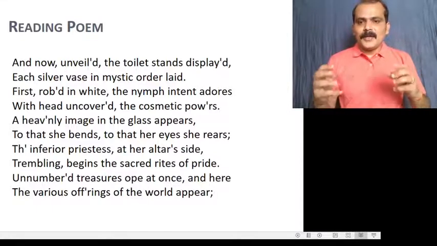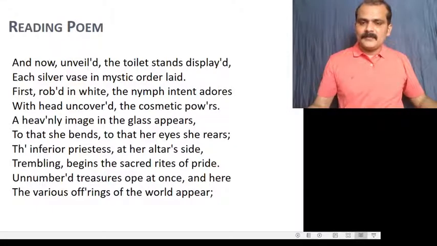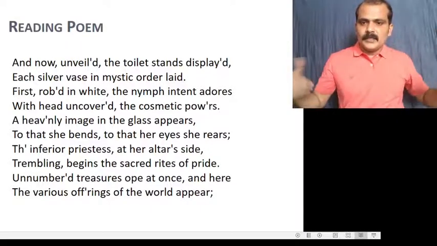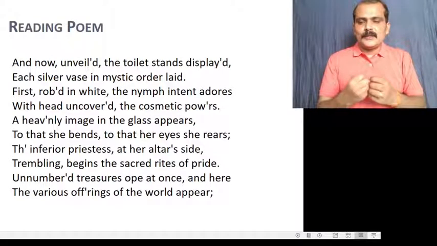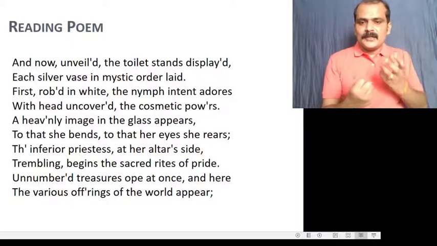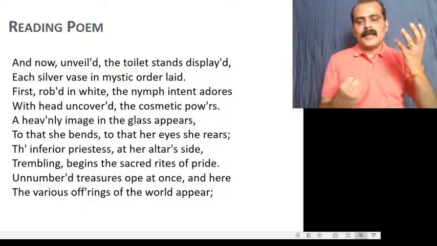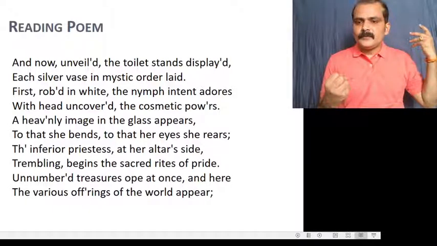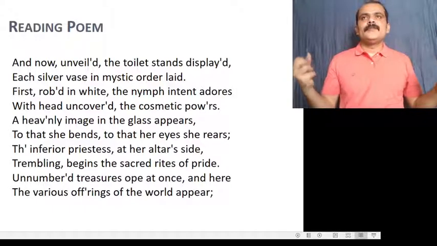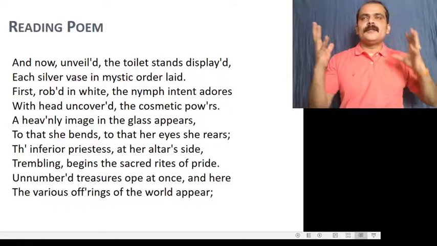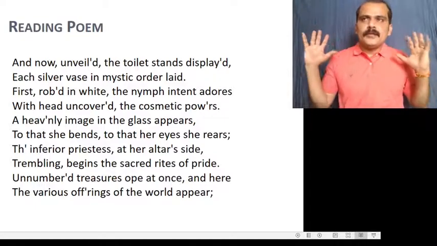Belinda. Look at that, how robed in white, robing the dress white, the nymph intent adores, with head uncovered, the cosmetic powers. Look at how, with the use of cosmetics, they have the head uncovered, and a heavenly image in the glass appears, just after the makeup and everything is neatly put in order.